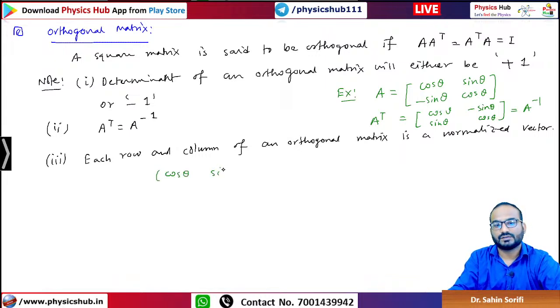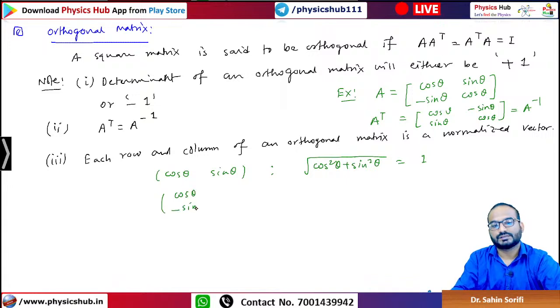Either you consider the row, root over cos square theta plus sin square theta, that is 1, so normalized, or any column vector, cos theta minus sin theta, again cos square theta plus sin square theta is 1.